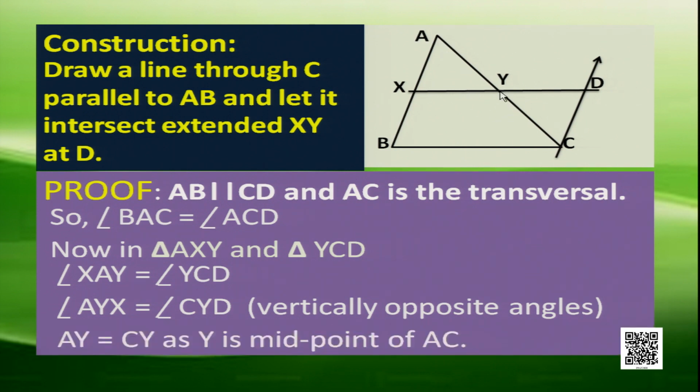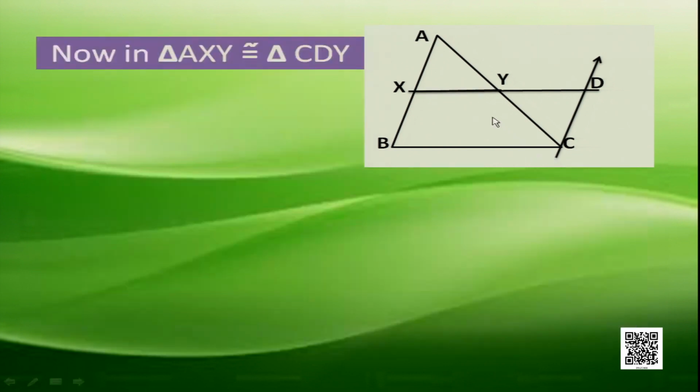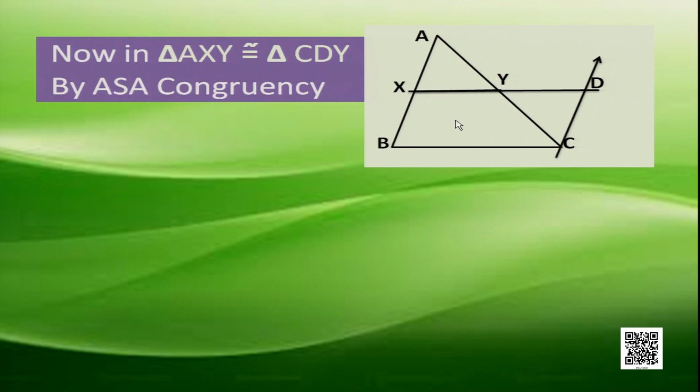And we have AY equal to CY as Y is the midpoint of AC. So, here we proved that triangle AXY is congruent to triangle CDY. What is the cause of this congruency? This is by the angle side angle property.